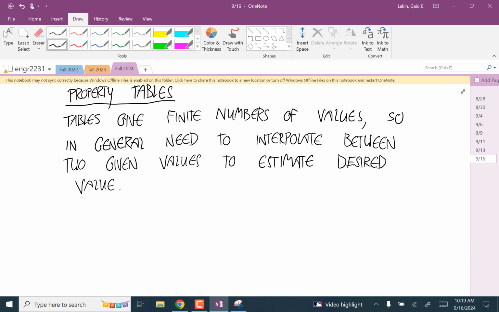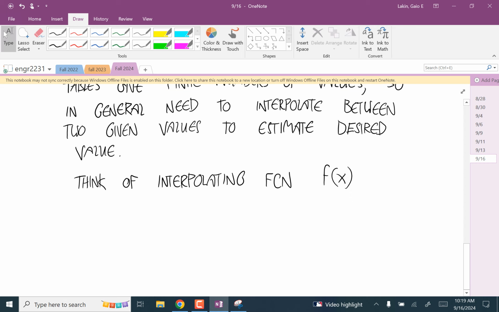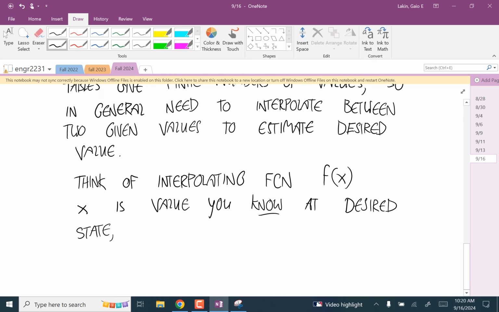We're always going to think of interpolating a function f of x, where x is the value you know at the desired state, and f is the value you want at the desired state.